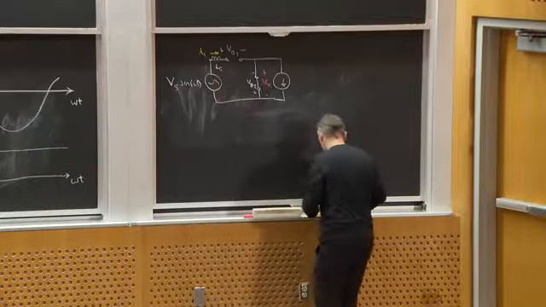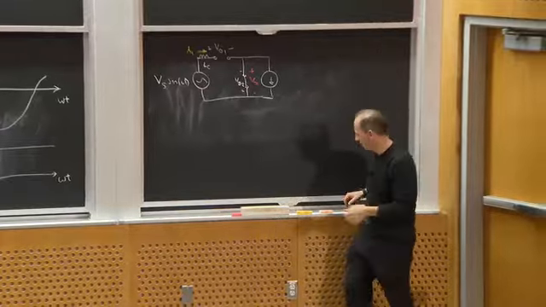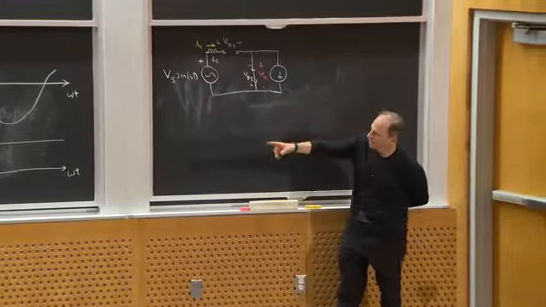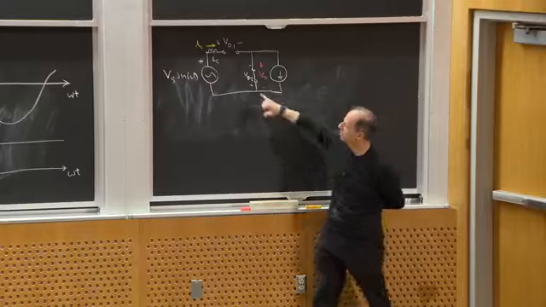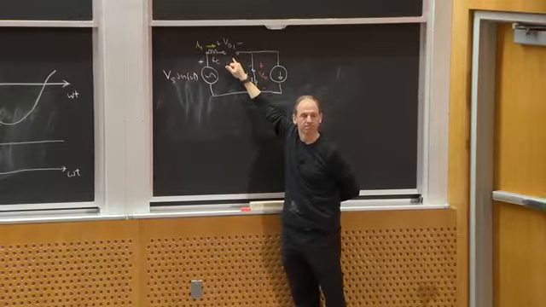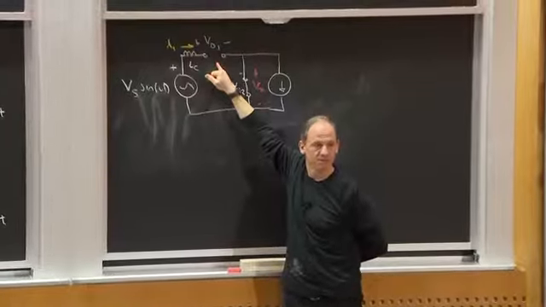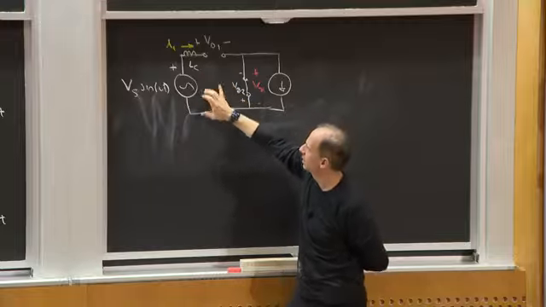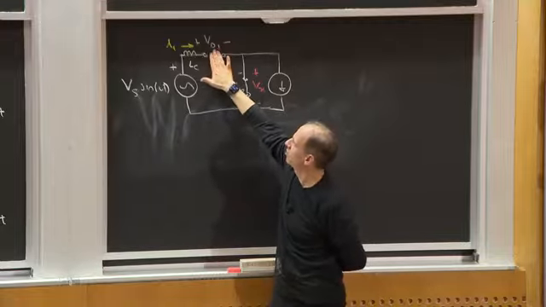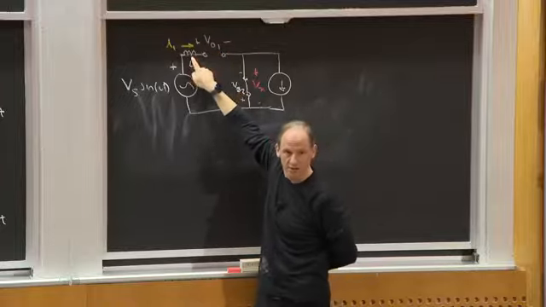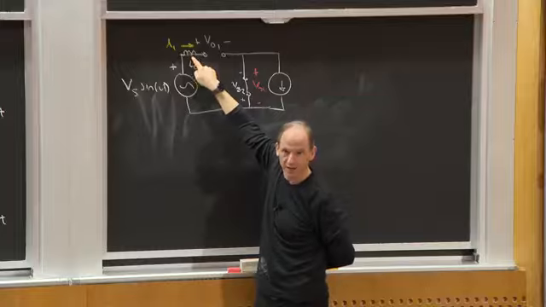Okay. So what happens when Vs sine omega t crosses 0 positive? Well, what happened over there was D1 had to turn on. And I'm going to argue that D1 still has to turn on. Why is that? Because if I assume it's off, there's no current through here, there's no di/dt in this inductor, and hence there's no voltage across that inductor.